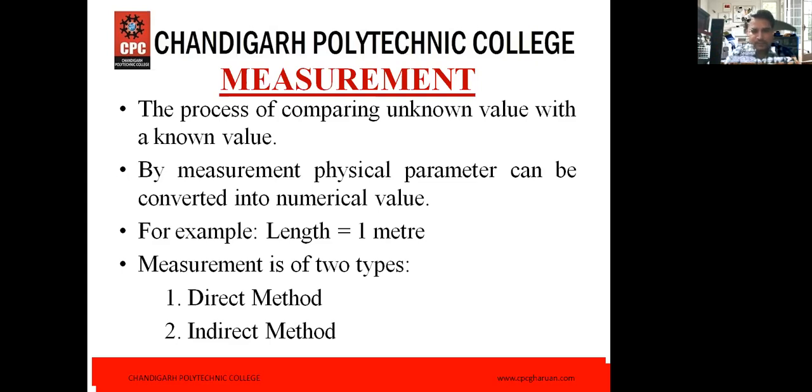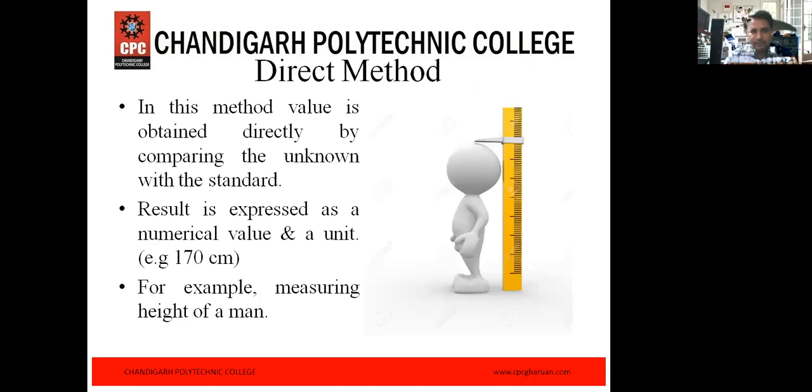Actually, measurement is of two types. First one is the direct method and second one is the indirect method. In the direct method, you have to compare the unknown quantity with the known quantity. For example, while measuring the height of a man, the height is the physical parameter, and after measurement, this height has to be converted into its units.